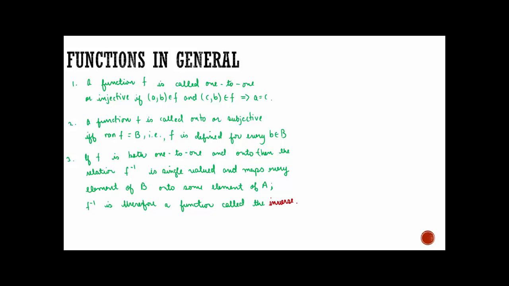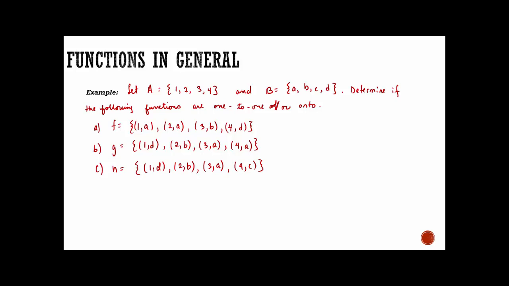What that means is that for every element in set A, we're going to have only one element in set B. A function is called onto or surjective if the range is defined for every b in B, meaning that for every value of B, which is your range, you have a value of A. Okay? So let's see if that helps you.